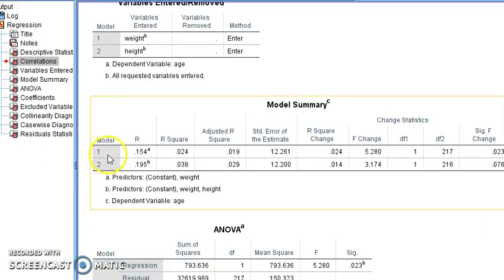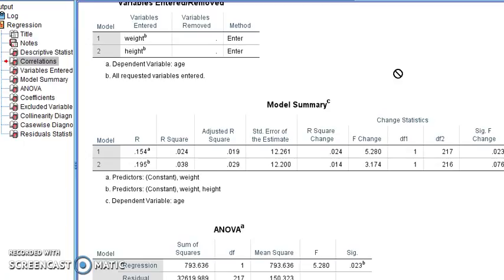We can see that in Model 1, where we were trying to use weight to predict age, we have an R value of 0.154 and an R squared value of 0.024. Again, R is our correlation coefficient, which means this is a very low correlation, which tells us that using weight to predict age is probably not such a good idea.